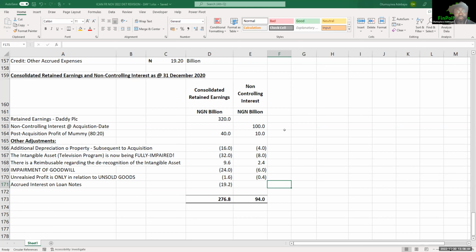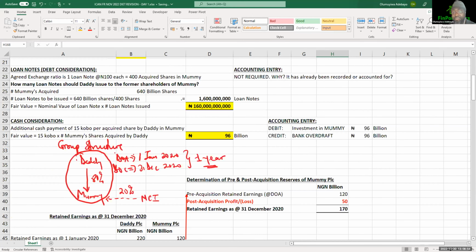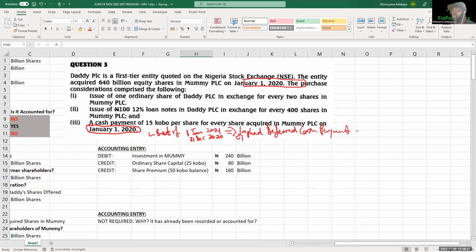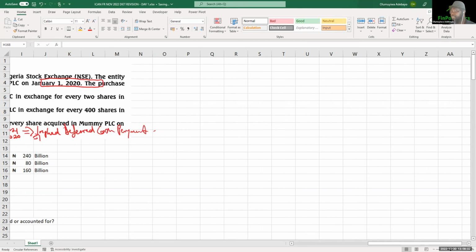Now, what do we do? At this point is for us to prepare a consolidated balance sheet. Therefore, let me just put it somewhere here. Let me copy a blank template.